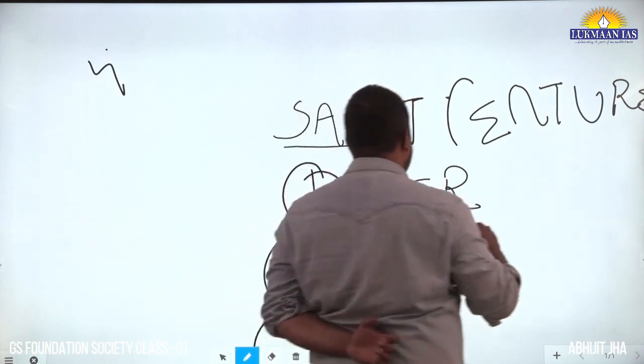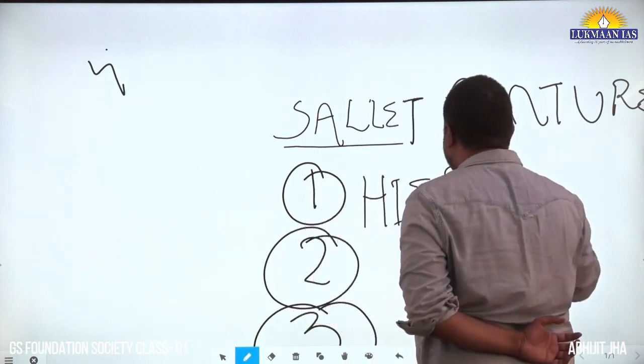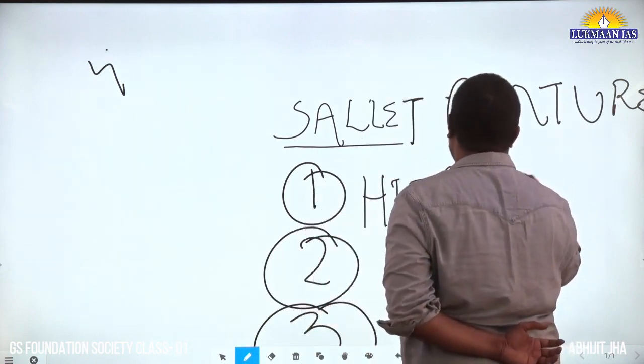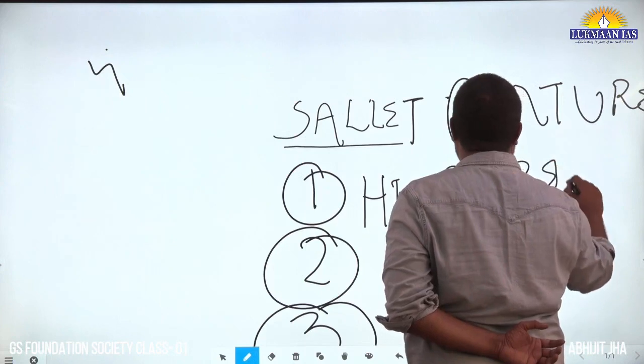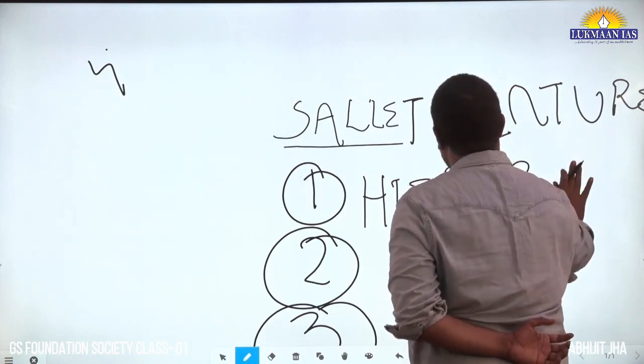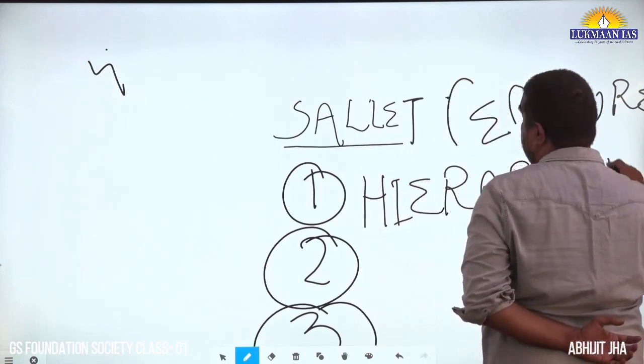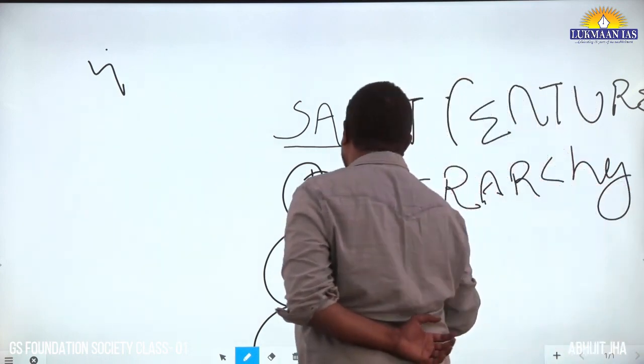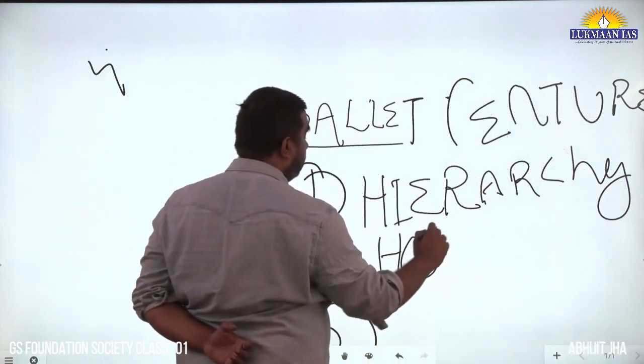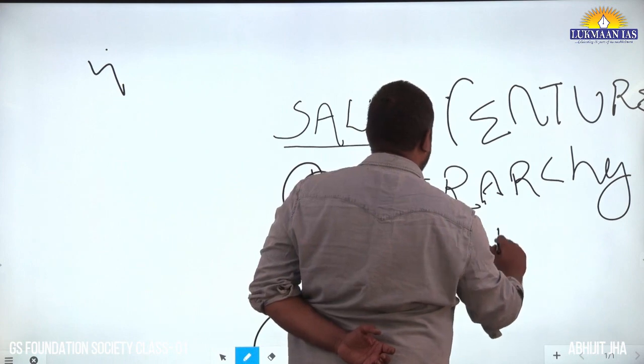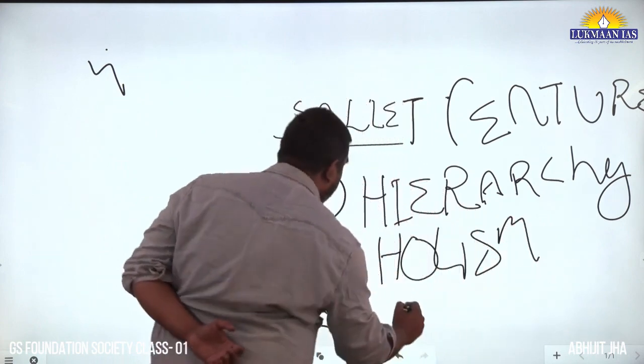So the first feature that we witnessed in India is hierarchy. Second will be holism. Third will be continuity.